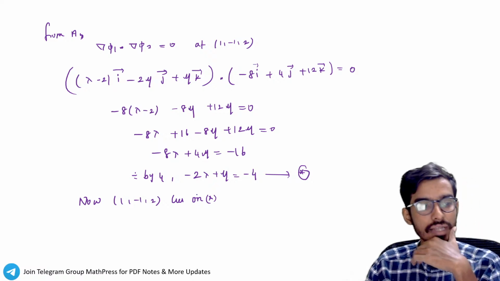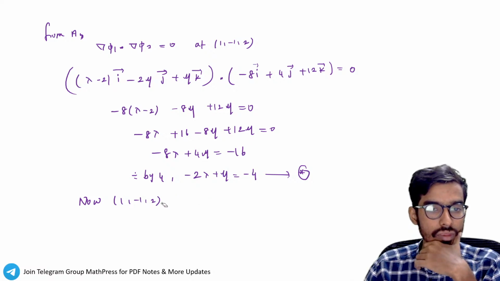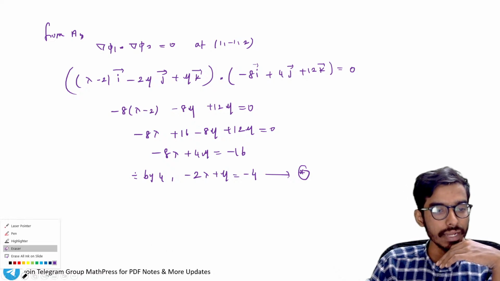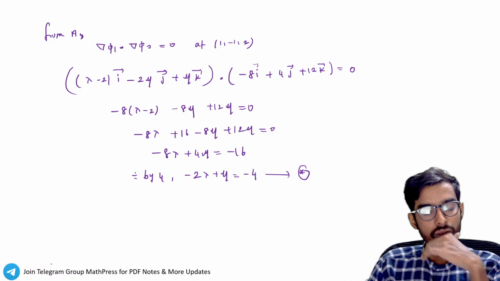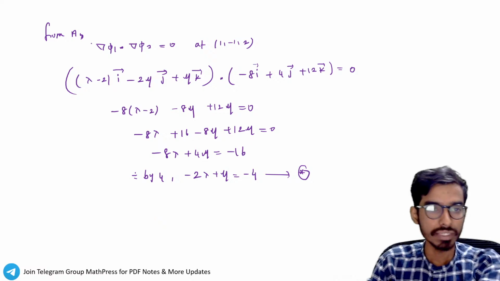Okay, this is the angle between the surfaces. Now we need to find lambda and mu exactly. We can go by this approach, right?